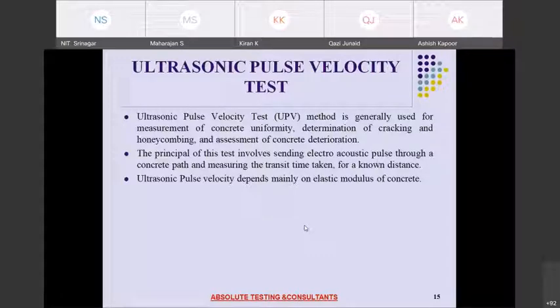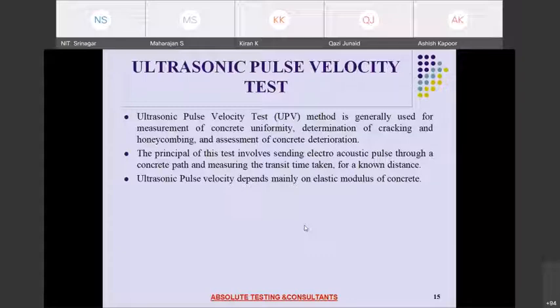So there are certain parameters defined by the IS code. Initially there was a code named IS 13311 Part 1 and Part 2. IS 13311 Part 1 is for the ultrasonic pulse velocity test, and IS 13311 Part 2 is for the rebound hammer test, 1992. But recently, in 2019, a new IS code has been revised, and for the very first time there is a change in the name of the code.